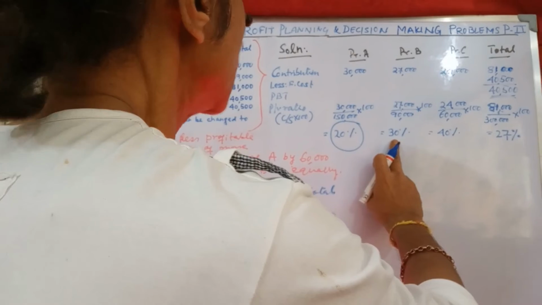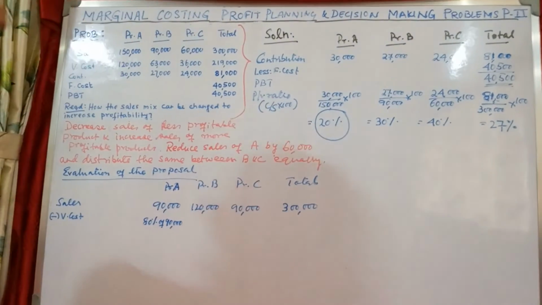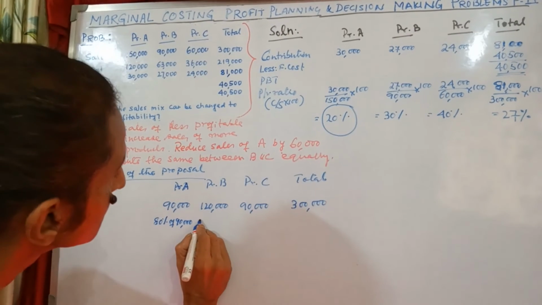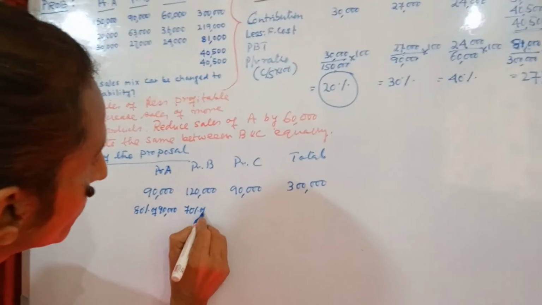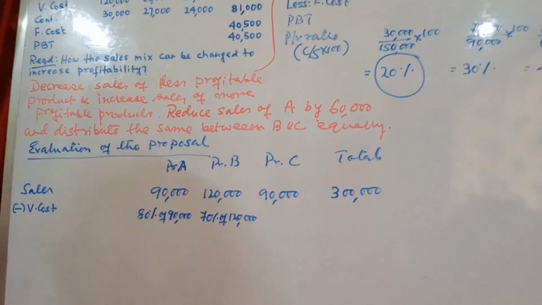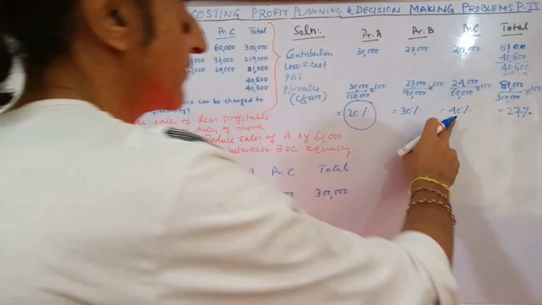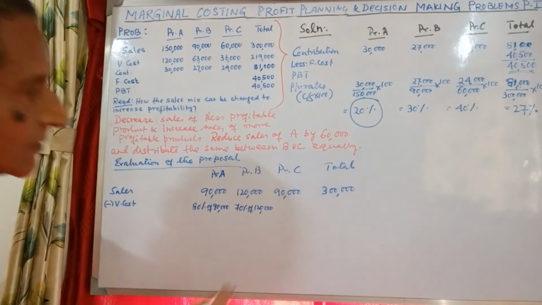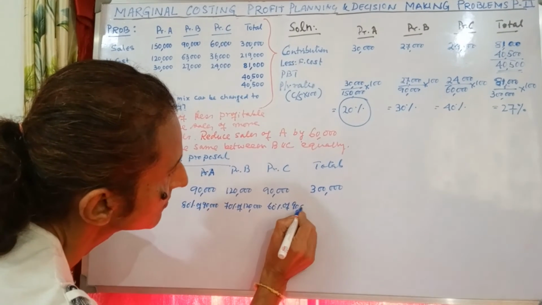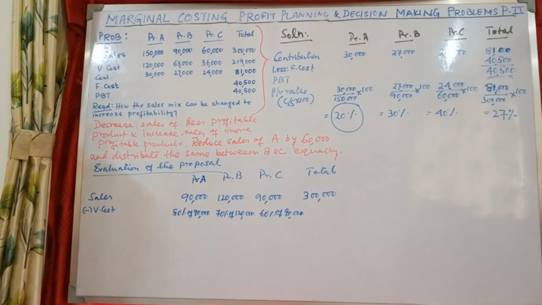So variable cost is 70% of sales, 100% minus 30% is 70%. So here it is 70% of 120,000, and here contribution is 40%, hence variable cost is 60%. So here it is 60% of 90,000. Okay.